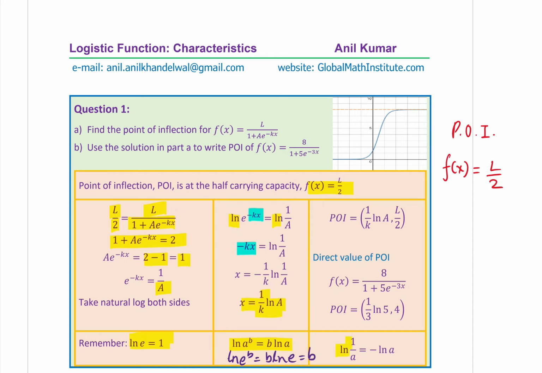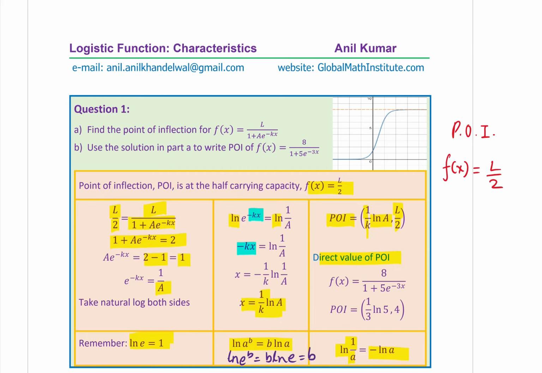You remember ln 1 over a is basically minus ln a, right? So that is how we come to the value of x. Since we now know the value of x, we can write that the point of inflection is 1 over k ln a, and the y value at this point is L over 2. Correct. So we got the point of inflection, and that is the standard formula for logistic functions.